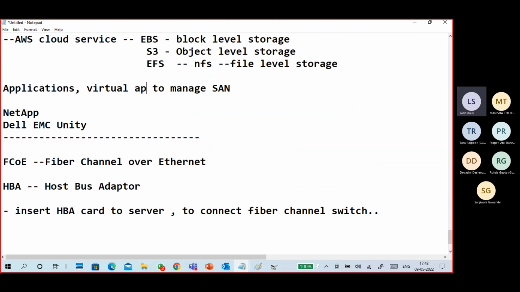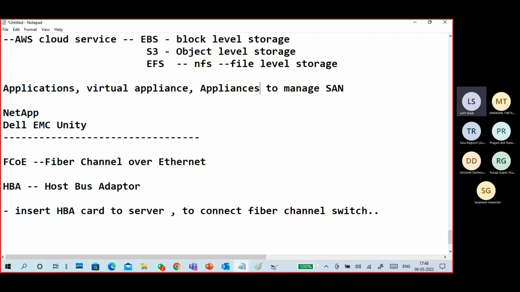Appliance means device, like an AC is a device. A virtual appliance means a virtual machine functioning like an AC.